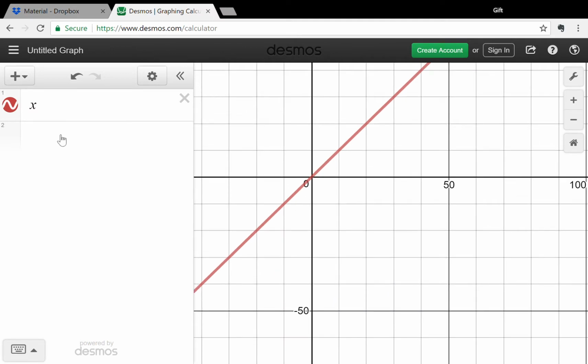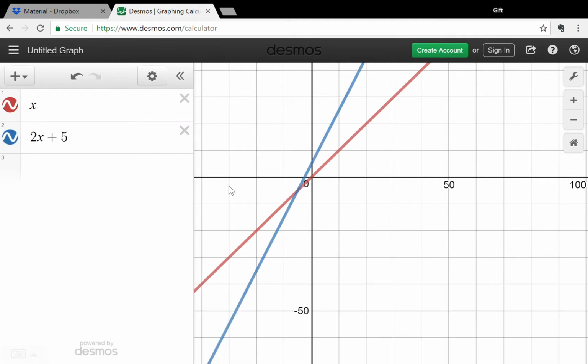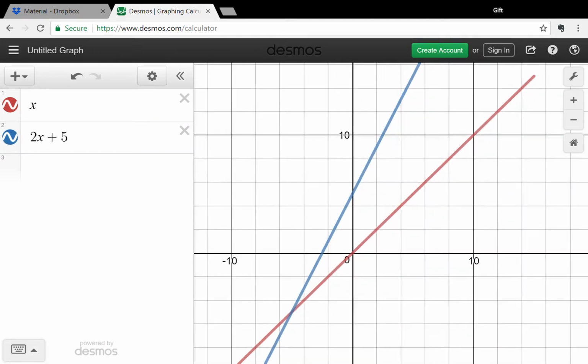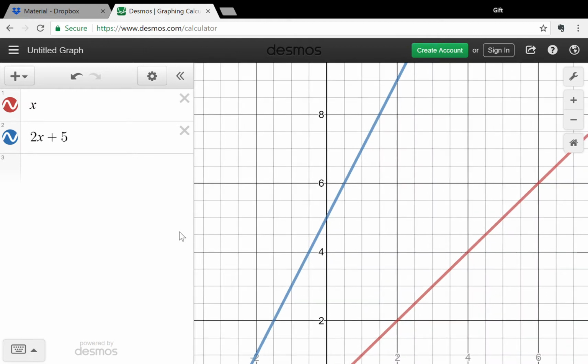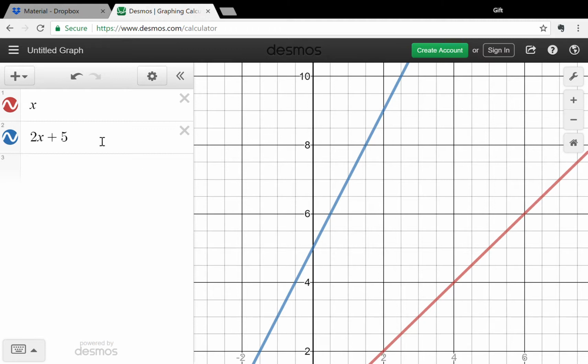The second one, I'd like to draw the graph of 2x plus 5. So you get the blue graph. If you remember this kind of graph, this is called a linear function. The 2 in 2x tells you the slope. That just means each time your x value goes up by 1, your y value goes up by 2.